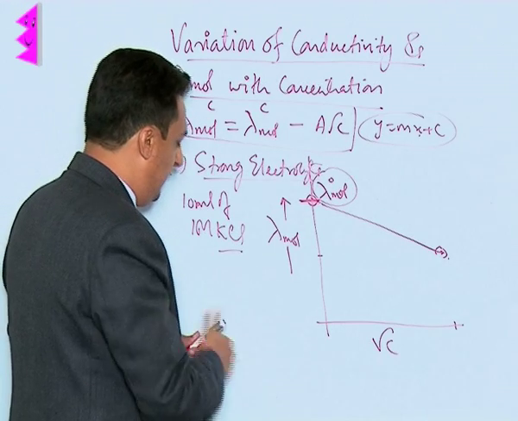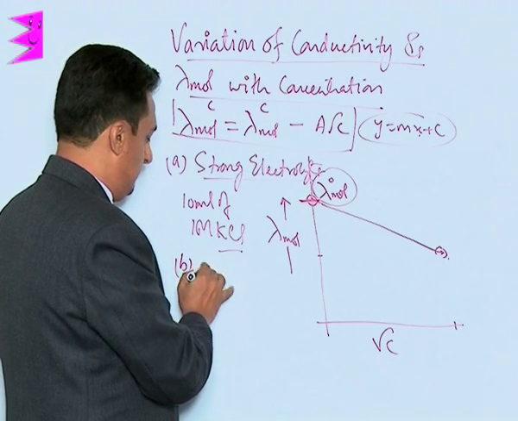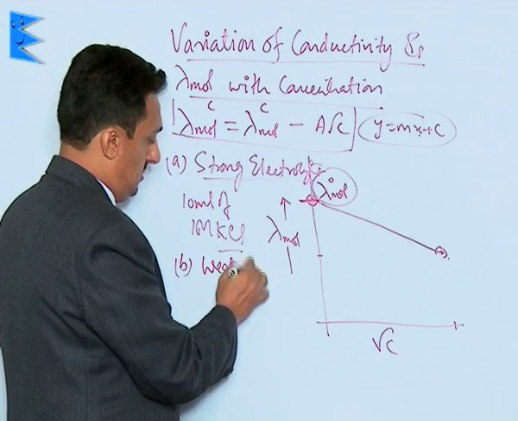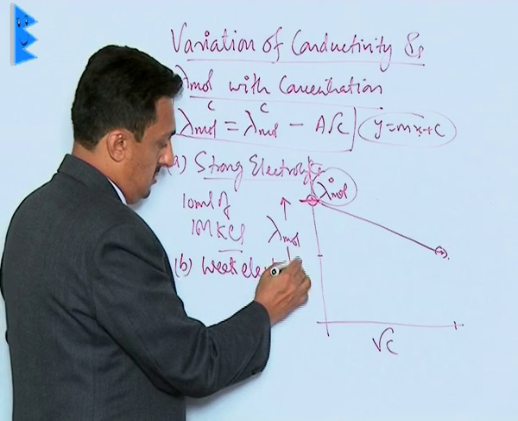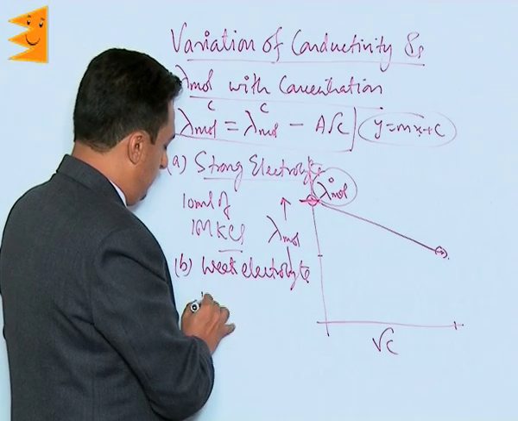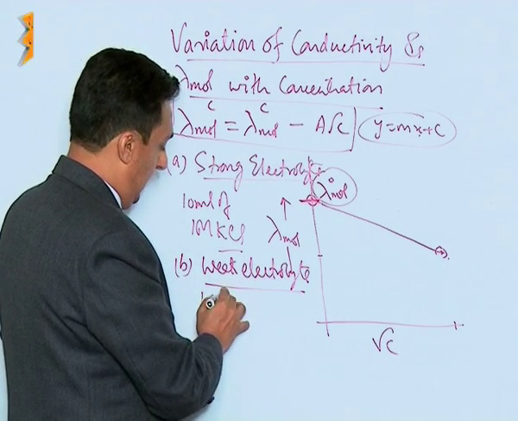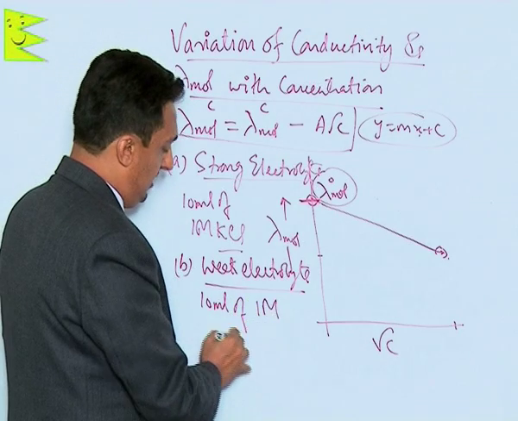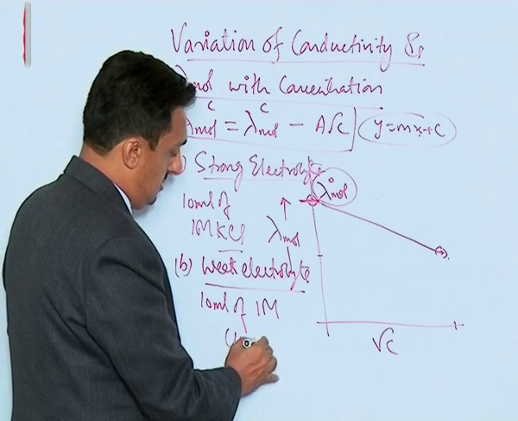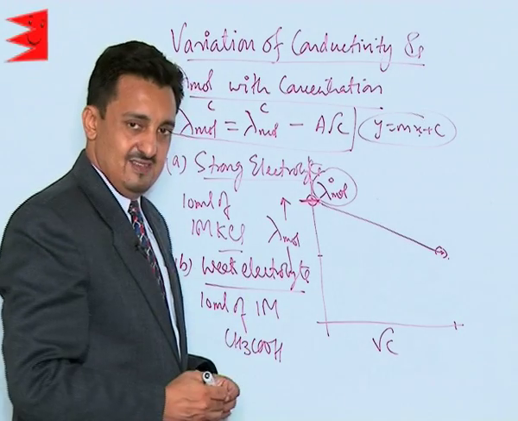When we take a weak electrolyte, suppose we have taken 10 ml of 1 molar acetic acid.